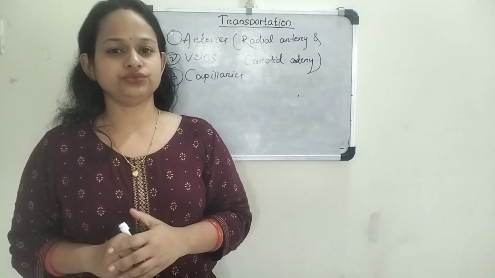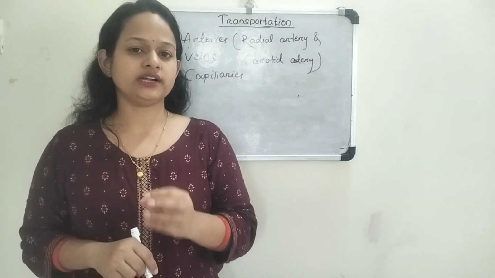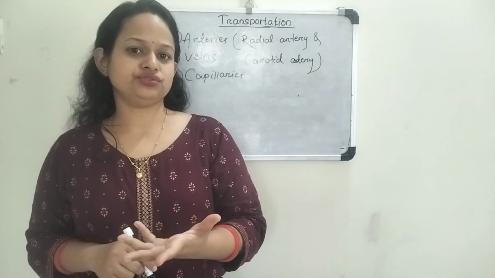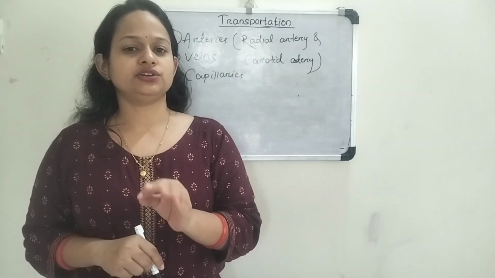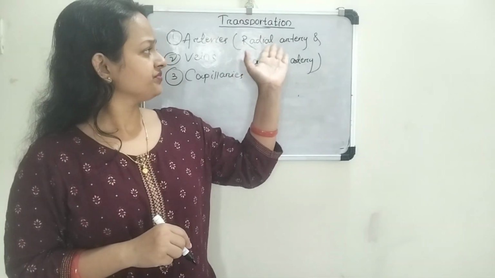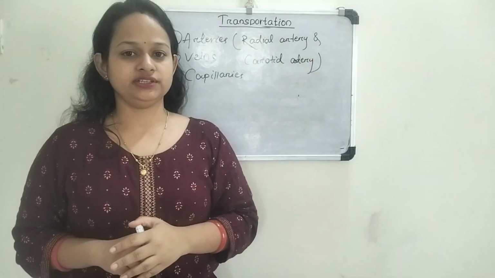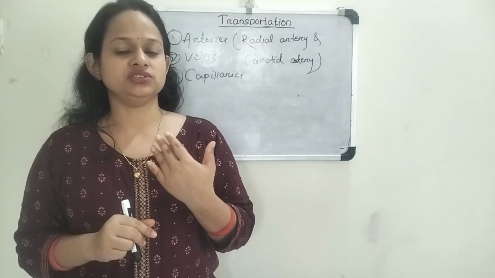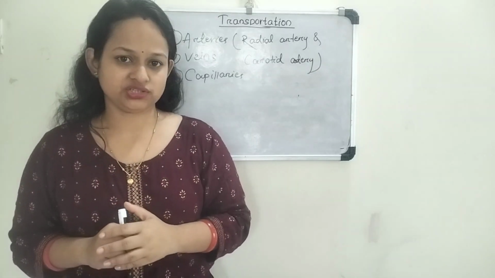To accommodate the high pressure of blood, arteries are made thicker in comparison with veins. Two arteries are present superficially: the radial artery, near the wrist, and the carotid artery, in the neck region.